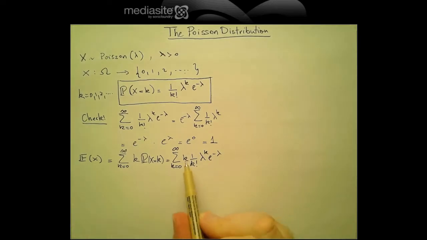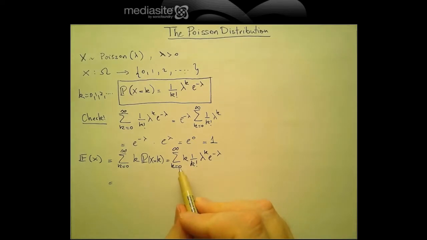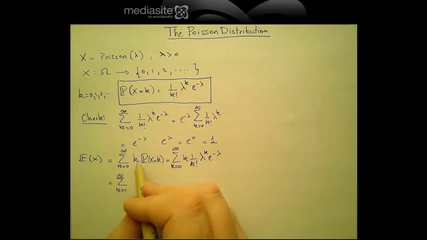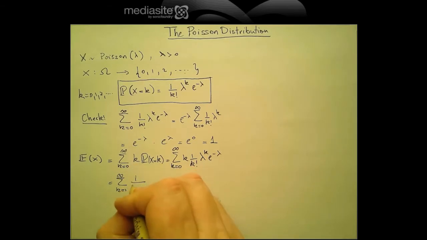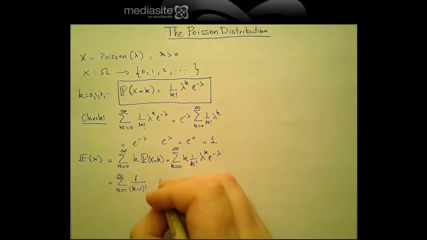Again, there's a simplification here. k factorial is k times k minus 1, etc., so we can cancel k out. Also, we don't have to start at 0. We can start at 1, because when k is 0, this term is 0. So we get k minus 1 factorial, lambda to the k, e to the minus lambda.